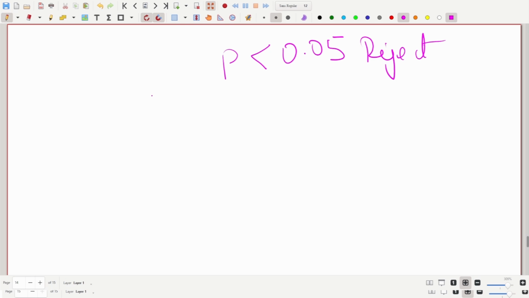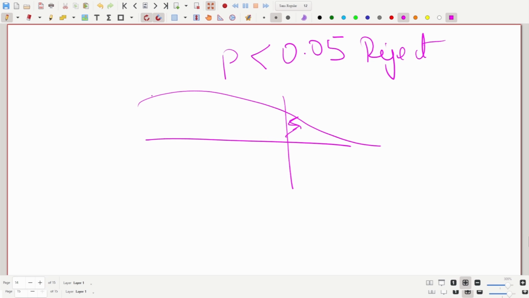Now please understand, the logic is similar. This is 0.05, this complete area is 0.05 maximum.